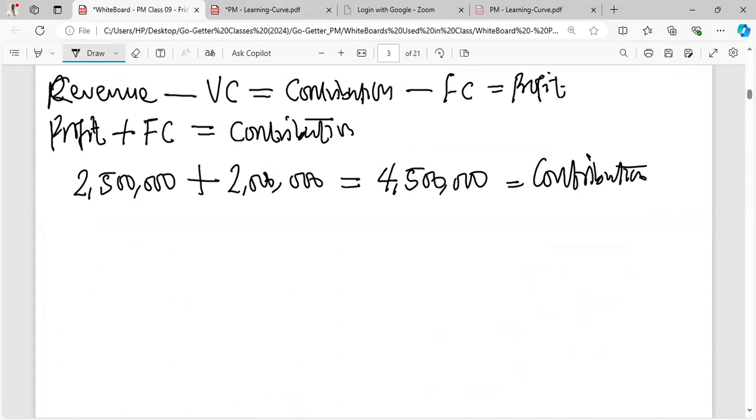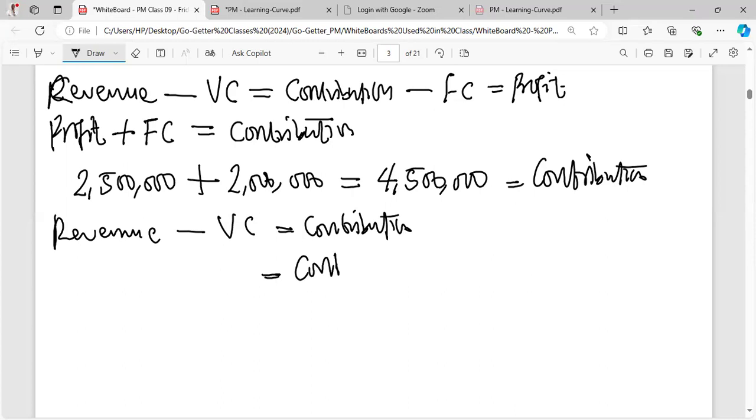Revenue minus variable costs will give us contribution, isn't it? Now, if this variable cost moves to this side, it will become contribution plus variable cost will give us revenue.